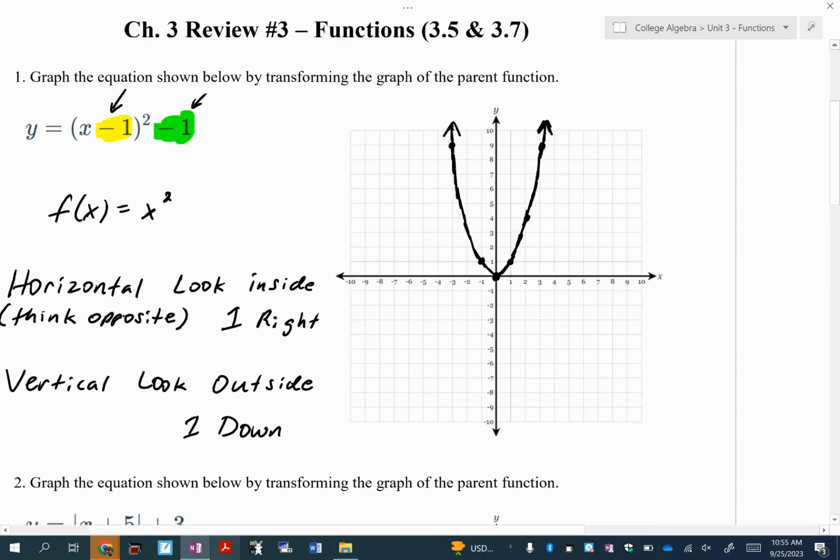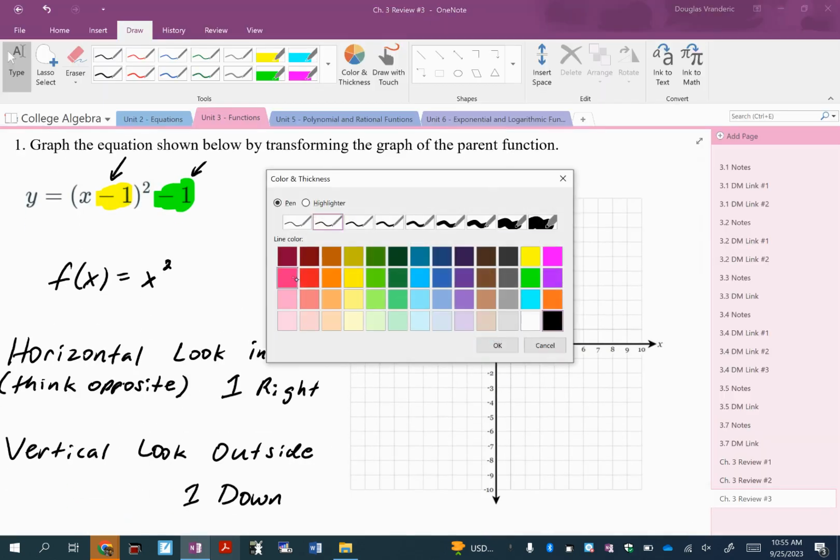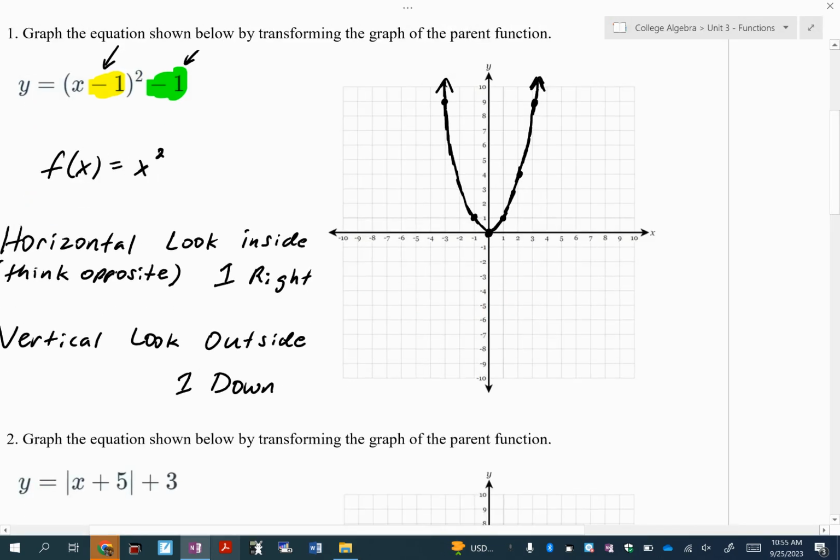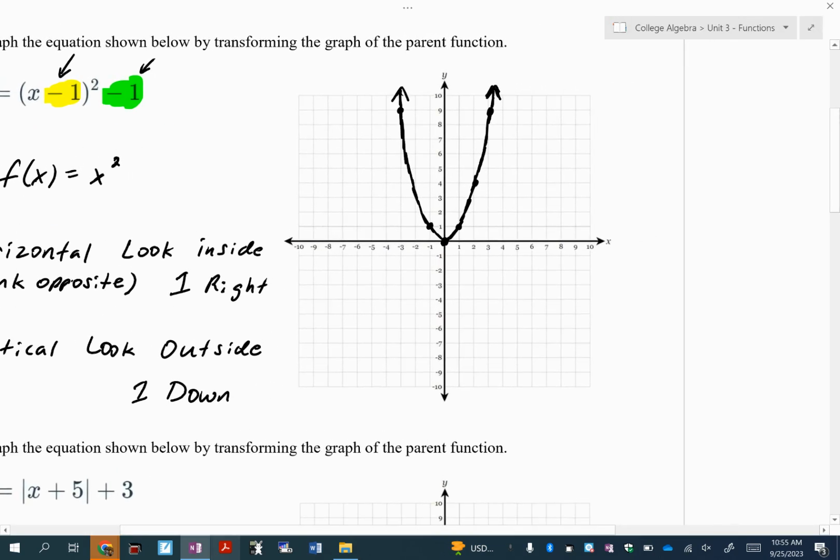All right, so I'm going to graph this new one by moving all of these points 1 unit to the right and 1 unit down. All right, almost there, last one. And there we go. And now we make our parabola.